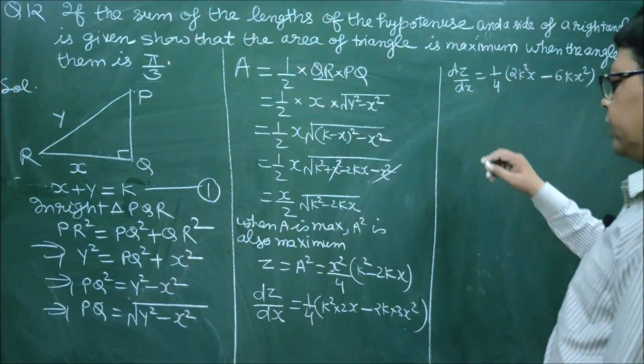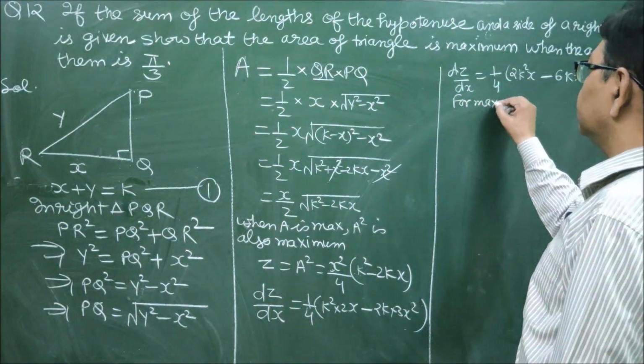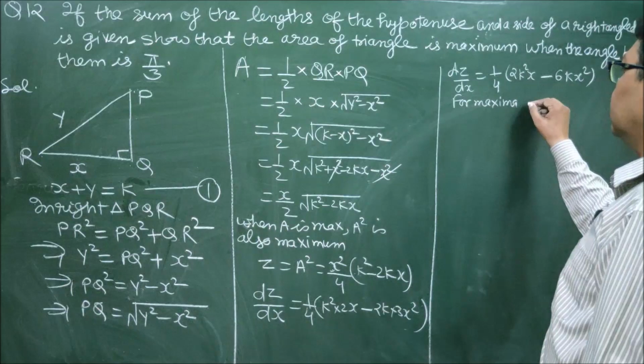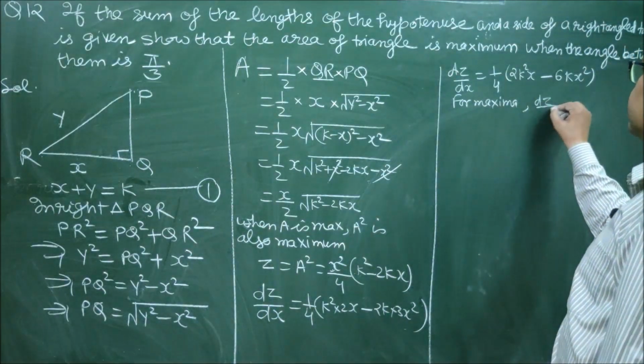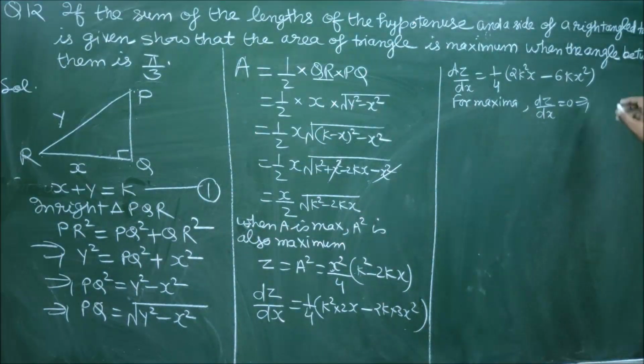For maxima, dz over dx must be equal to 0, that is 1 by 4 into 2k square x minus 6kx square must be equal to 0.